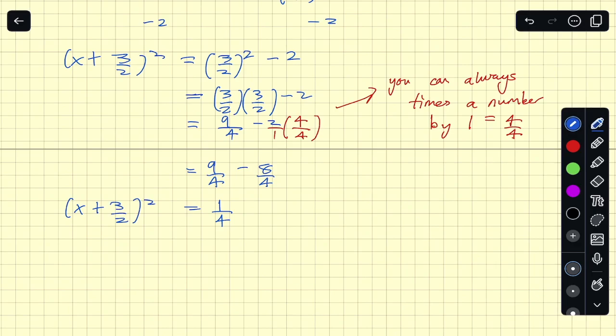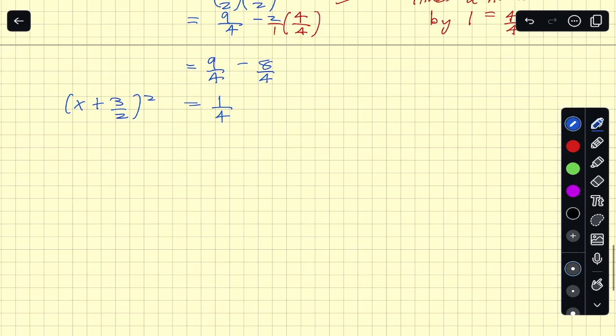The next concept is very important: how do we get rid of this square? This square is a problem because I want to have x on its own equals something. If I have a number and it is positive initially, I'm going to ignore 0 because if I square 0, it's still 0.